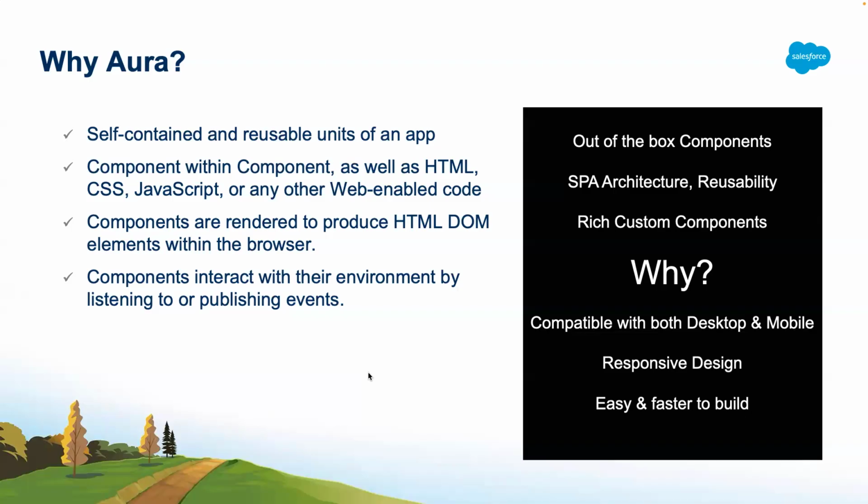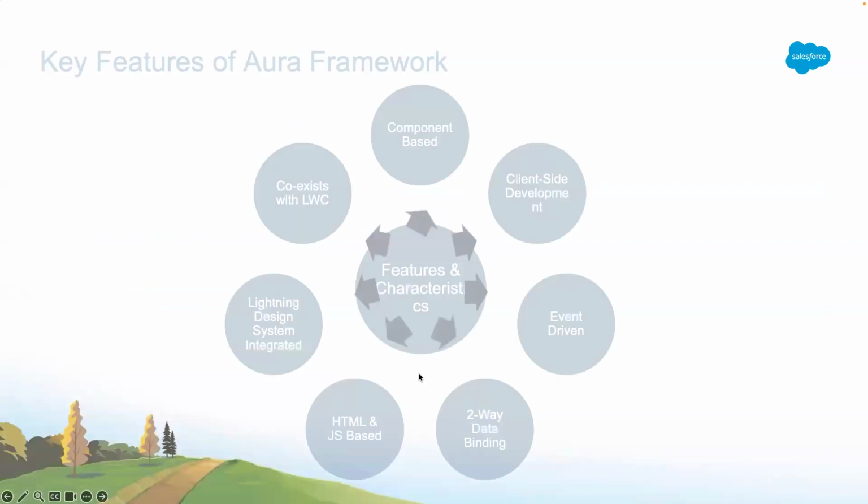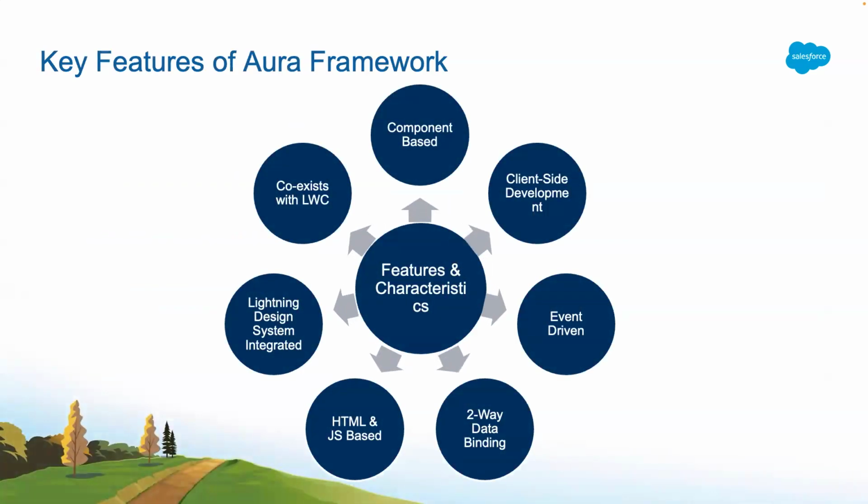So what are the key features in your Aura component? So Aura provides the component-based architecture we have seen. Component-based architecture means they are self-contained and reusable. The framework operates on the client side, which means the user interface is rendered in the browser.